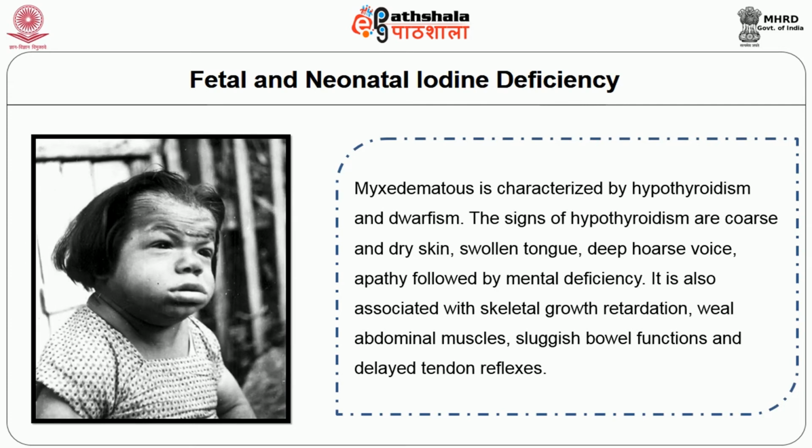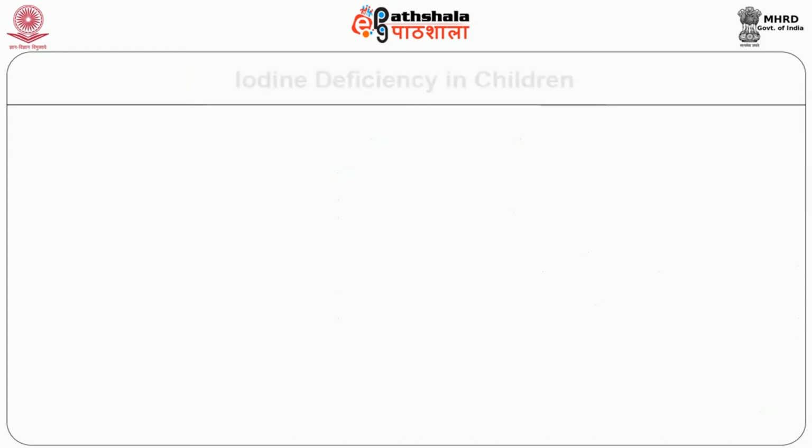The signs of hypothyroidism are coarse and dry skin, swollen tongue, deep, harsh voice, apathy, followed by mental deficiency. It is also associated with skeletal growth retardation, weak abdominal muscles, sluggish bowel functions, and delayed tendon reflexes.